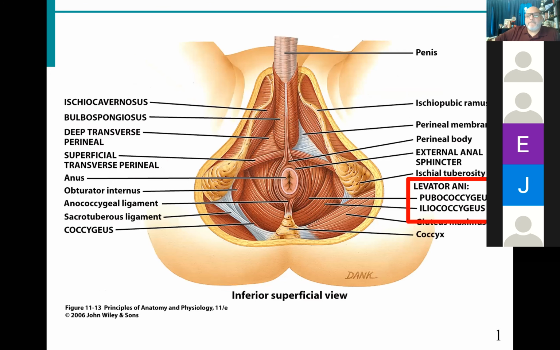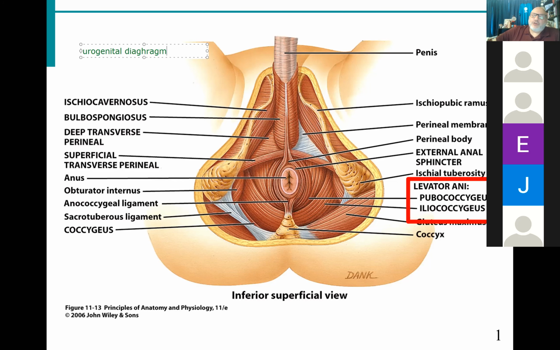There are numerous muscles involved in this, but the primary muscle of the urogenital diaphragm is a muscle group called the levator ani muscle. The levator ani muscle is made up of two muscles, the pubococcygeus and the iliococcygeus.